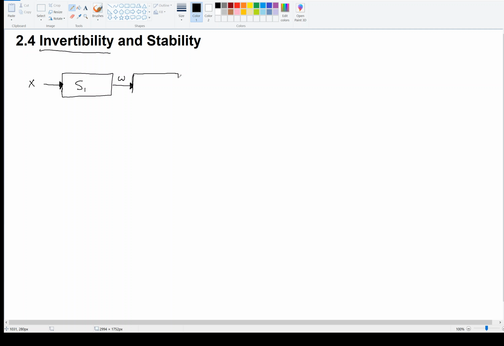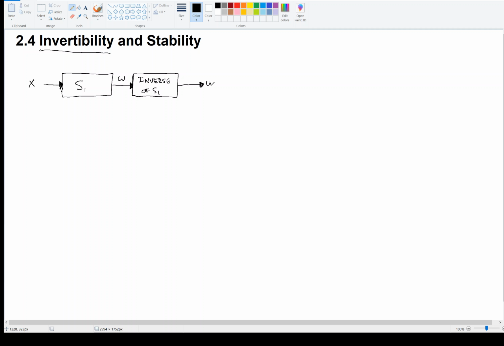Then, if system 1 is invertible, then if this is the inverse of system 1, then what do you think I get at the output here?